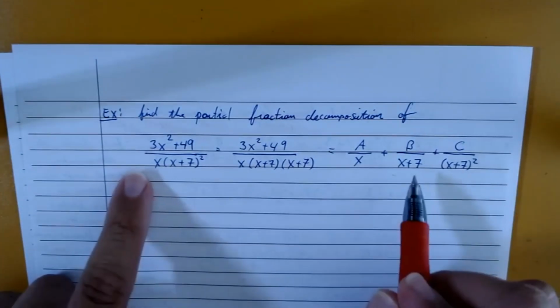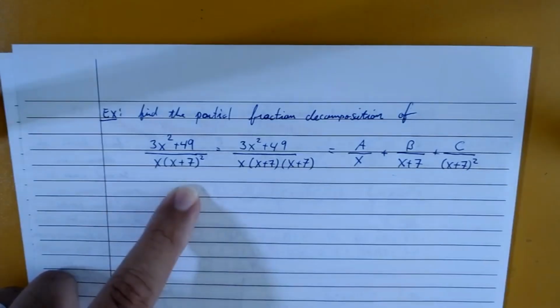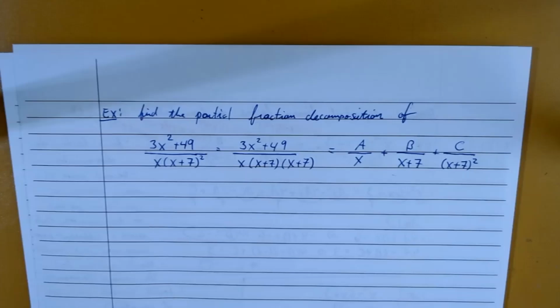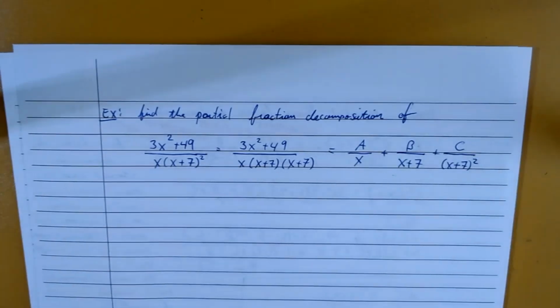Now, once we know what case we're in, once we've separated everything out, we proceed to solve for our constants. The good thing is that in both case number 1 and case number 2, the way we proceed after this initial setup is exactly the same. We're going to multiply both sides by the common denominator and then simplify.